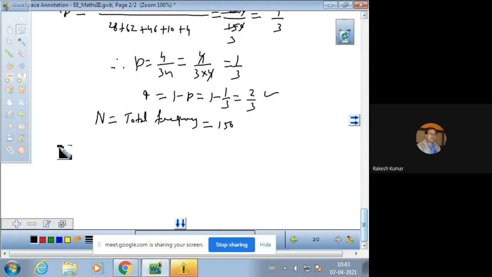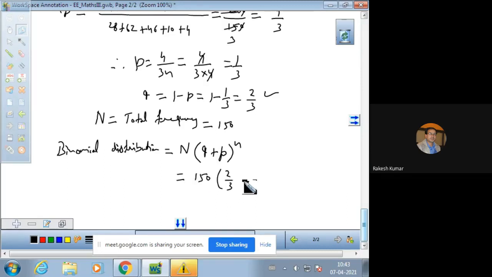So in this case, the binomial distribution is capital N into Q plus P raised to power small n. So this is 150 into 2 by 3 plus 1 by 3 raised to power small n, that is 4.